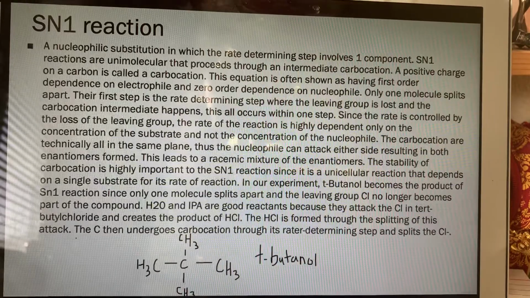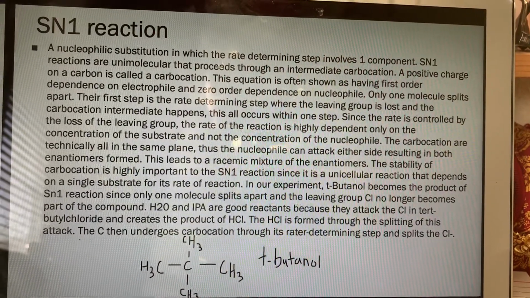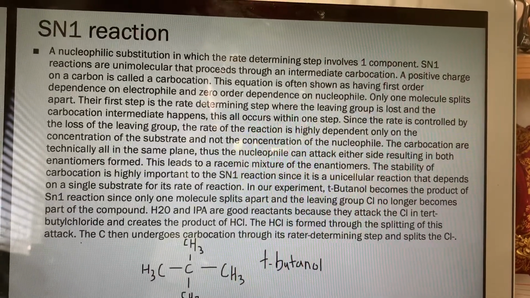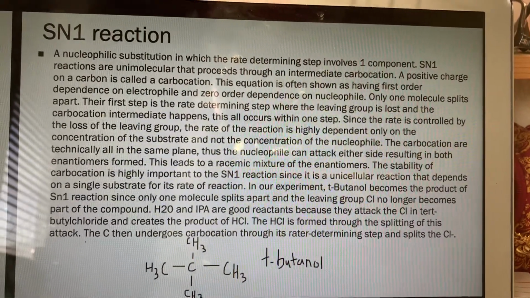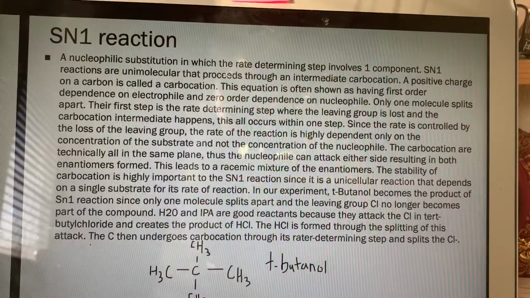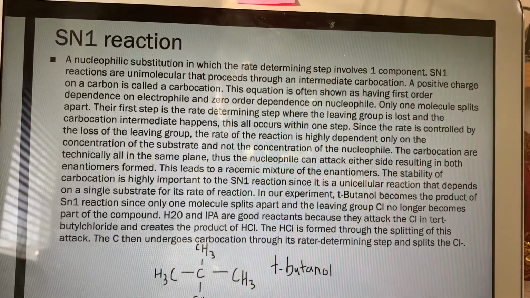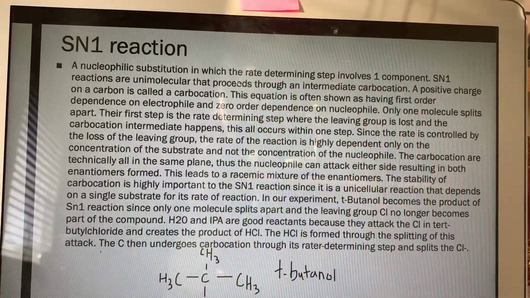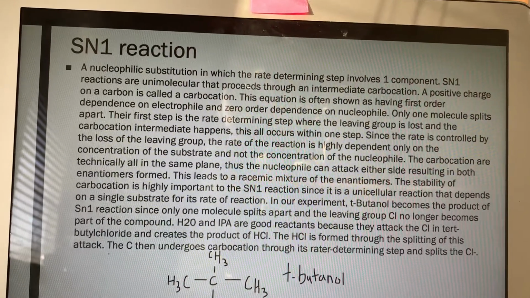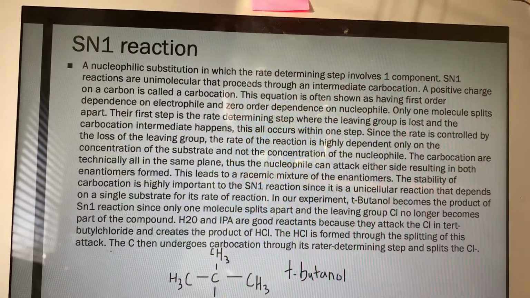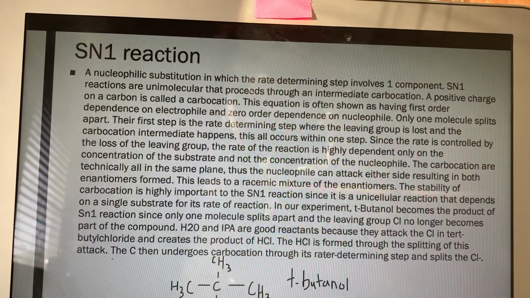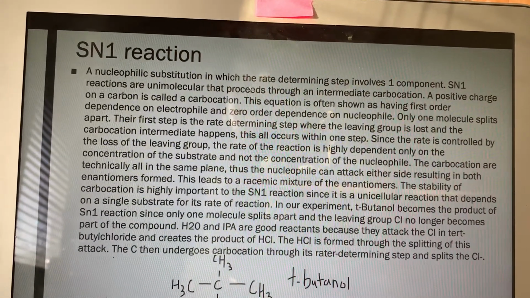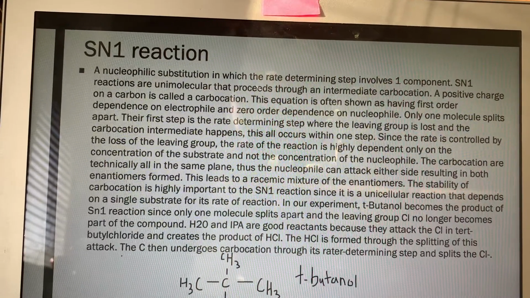The stability of the carbocation is highly important to the SN1 reaction, since it is a unimolecular reaction that depends on a single substrate for its rate of reaction. In our experiment, t-butanol becomes a product of the SN1 reaction since only one molecule splits apart and the leaving group Cl no longer becomes part of the compound.